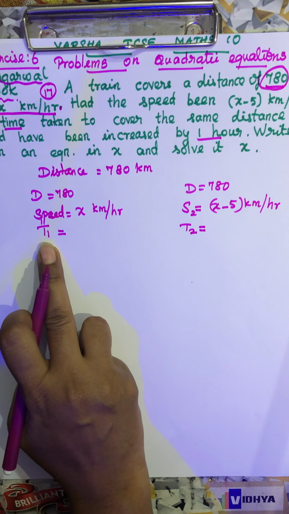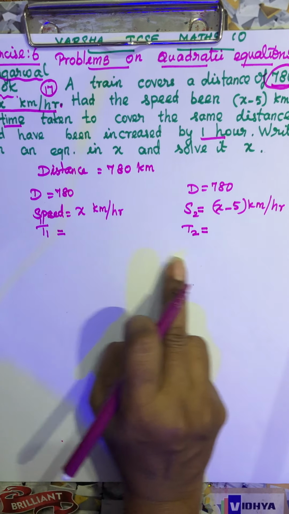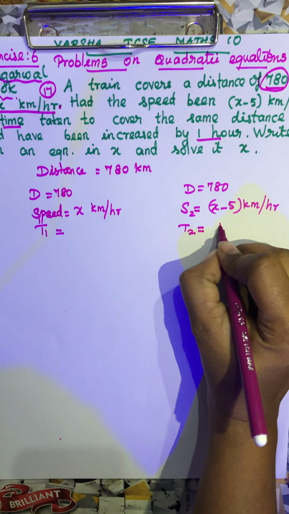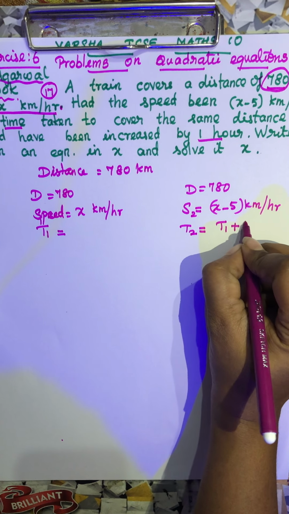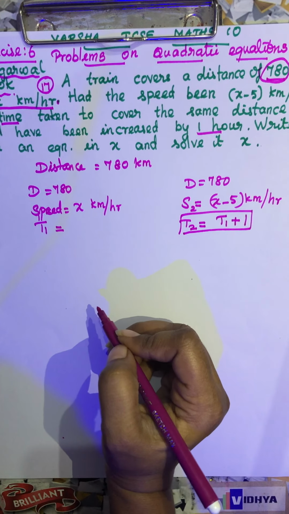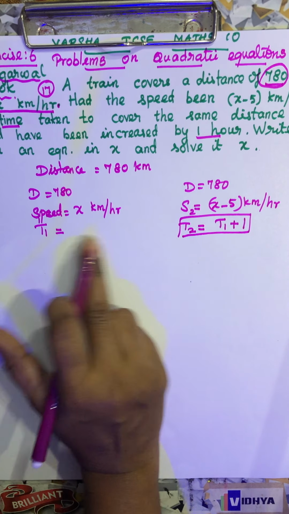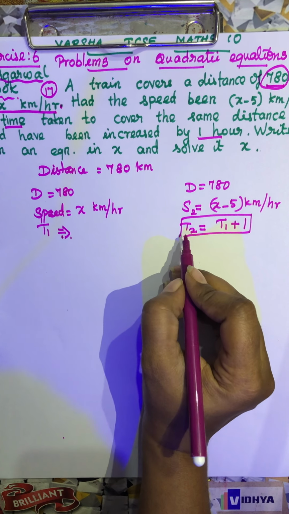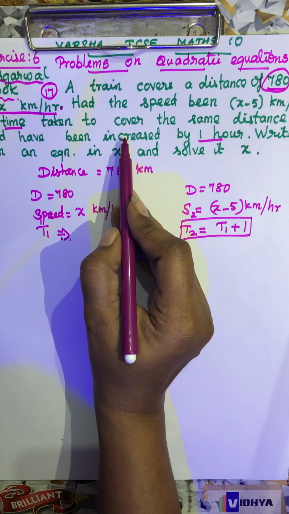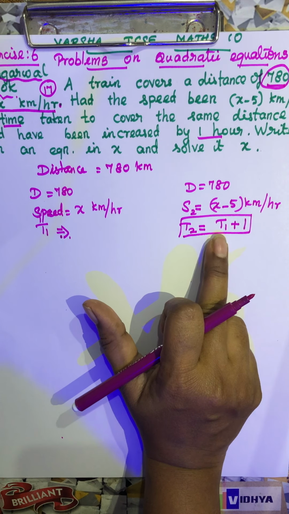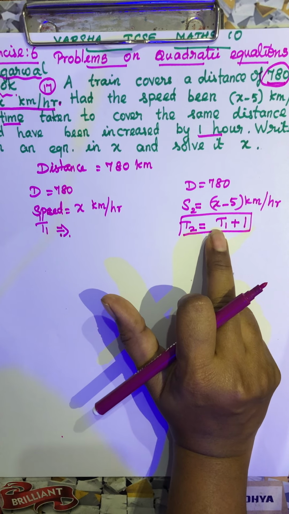The time already is t1, so t2 is t1 plus 1. This is the important equation, the relationship. Here t1 is the first time and t2 is the second time, and as per the statement, t2 is increased by 1 over t1.